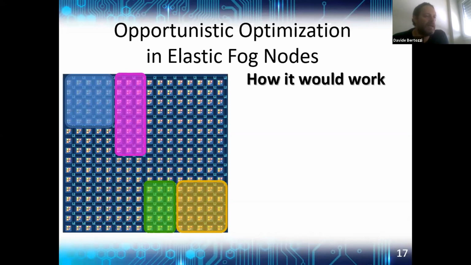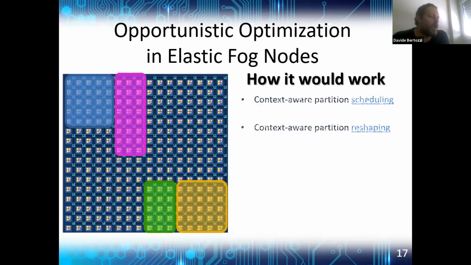So it periodically comes and goes. When this task goes, you may opportunistically use the freed resources in order to give these resources to the yellow partition, which is going to extend. And then it is going to shrink back before the next iteration of the green partition.